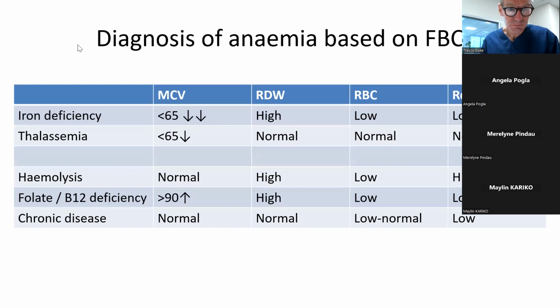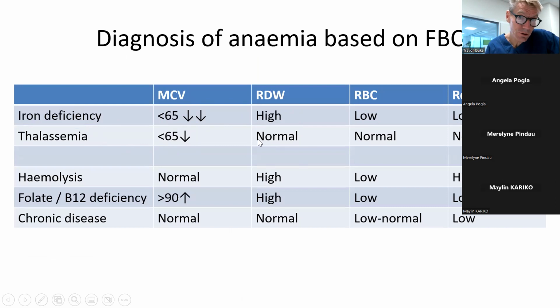So just to reiterate again, usually with iron deficiency, the most common form of anemia we see, the MCV will be low, the red cell distribution width will be high, the red blood cell count will be low, and the reticulocyte count will be low. If the patient has thalassemia, then sometimes the MCV will be a bit low or normal.